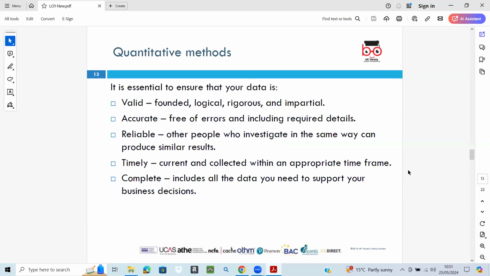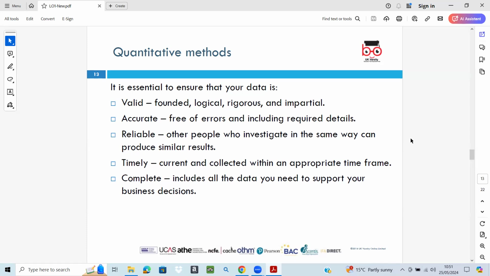Then we have quantitative methods, right? It is essential to ensure that your data is valid, accurate, and reliable.